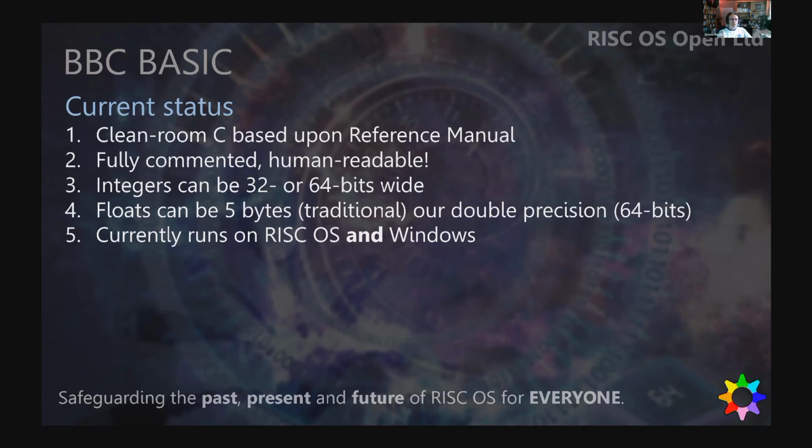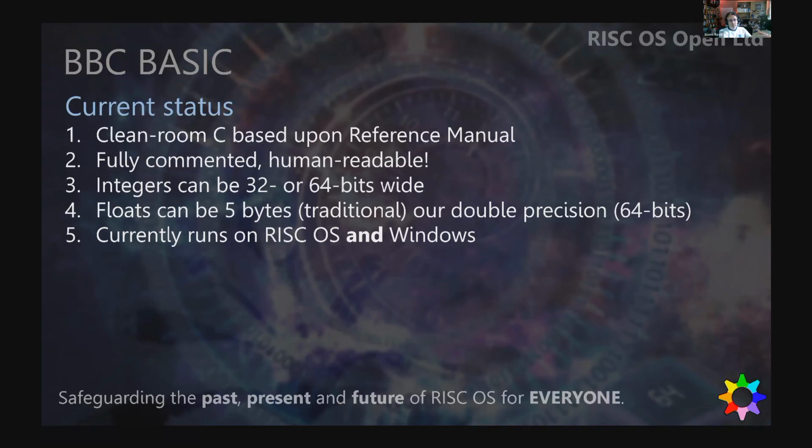So it's got to be well commented, well formatted, and easy to understand. And in this version of BASIC, I want to be able to say whether we have 32-bit or 64-bit numbers. That's important because it's a breaking change. So you can choose which one you have.